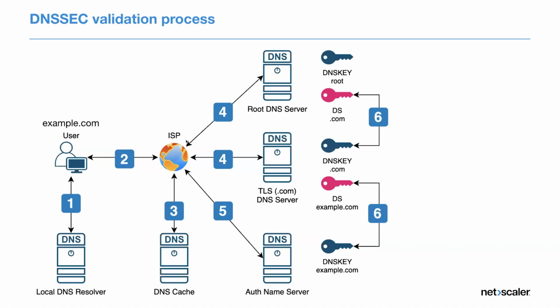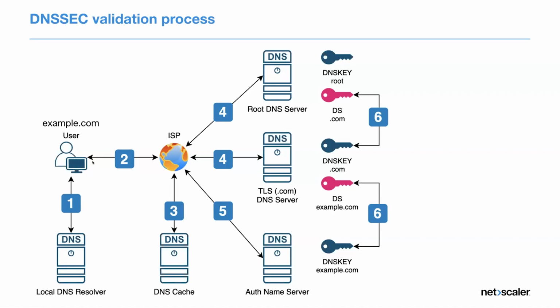In DNSSEC, while the resolver is asking for the authoritative name server details, it will also ask for the DNS key details. So with this, the authoritative name server, who is the genuine owner of example.com, would have established a chain of trust across the DNS hierarchy, starting from its own server to the top level domain and up until the root DNS server.